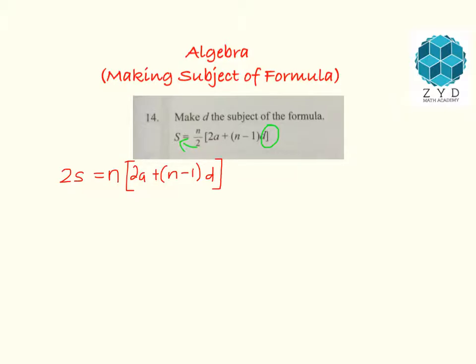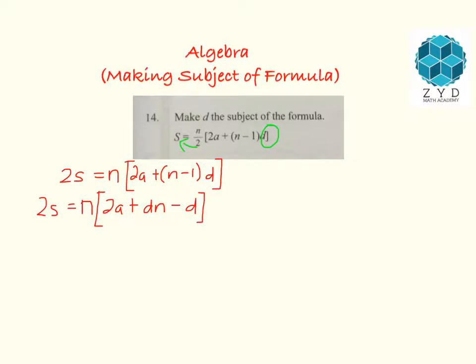Okay, so now I've gotten rid of one fraction. I am going to expand the brackets. So I have 2s equals to n with this bracket 2a minus dn, sorry, this is a plus dn minus d.